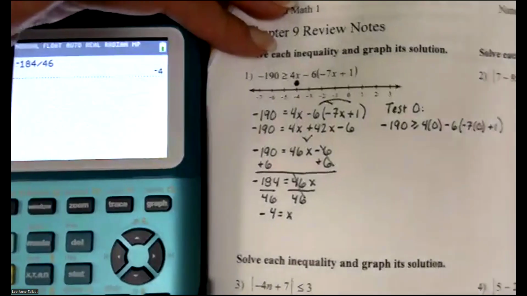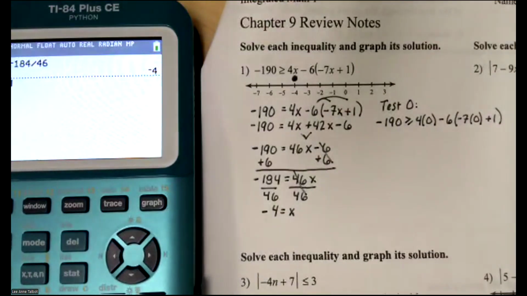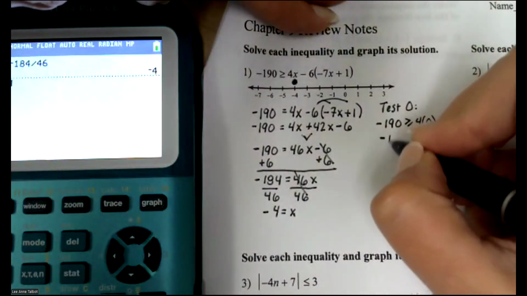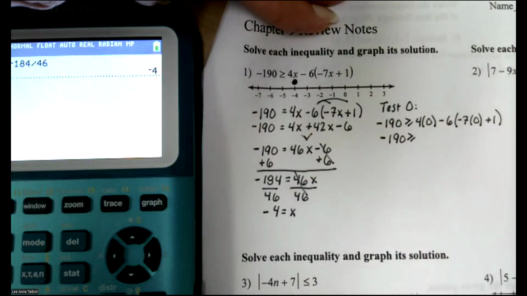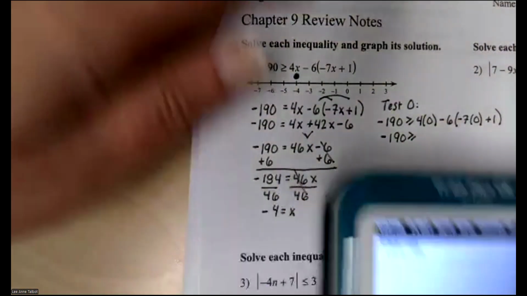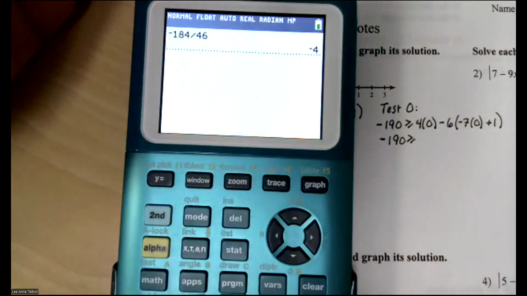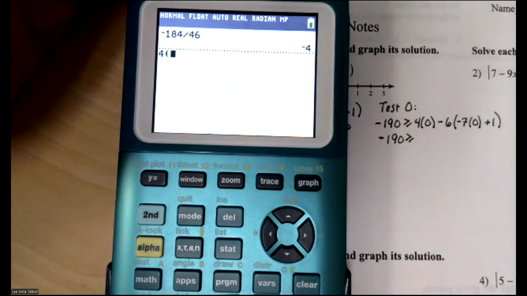Oh no, my test has gone firmly over into the space for number 2. Okay, now I got to tell you people, since you have a calculator on you, you should just type this in the way it looks.